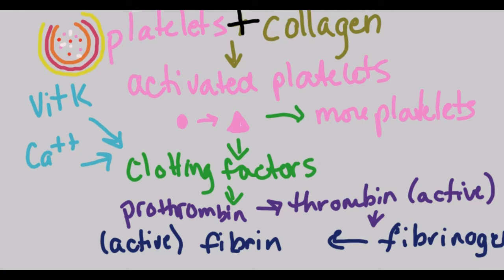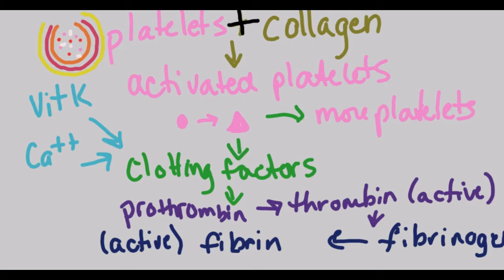Then they become activated platelets. They change their shape and they call in more platelets and activate clotting factors. And there's this whole huge cascade of clotting factors which involves vitamin K and calcium in order to work. And the clotting factors convert prothrombin to thrombin, which is the active form, and thrombin converts fibrinogen to fibrin.